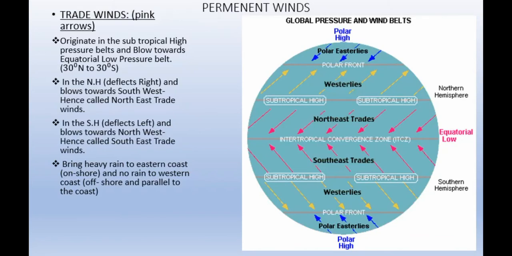I already told you, the pink color is showing trade winds in the equatorial region. They originate in the subtropical high pressure belts and blow towards the equatorial low pressure belts, 30 degree north and 30 degree south. In the northern hemisphere it deflects to the right and in the southern hemisphere it deflects to the left. On the south side it deflects to the left and blows towards the northwest, hence called southeast trade winds.